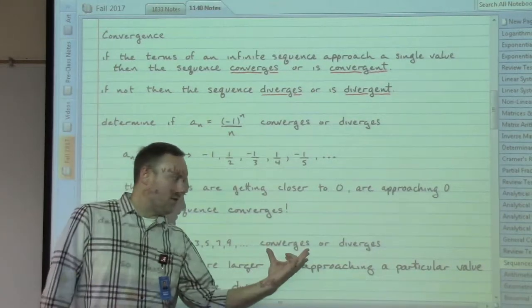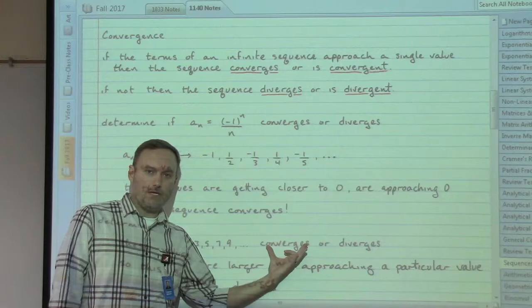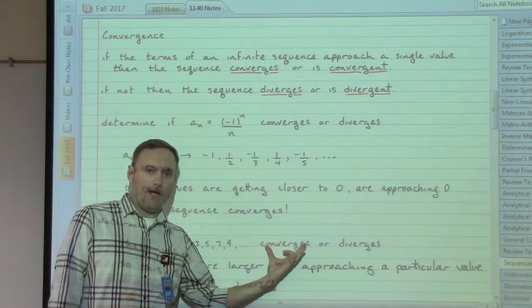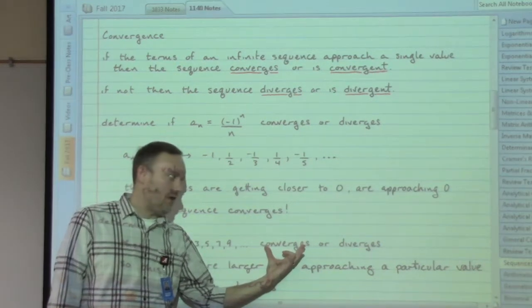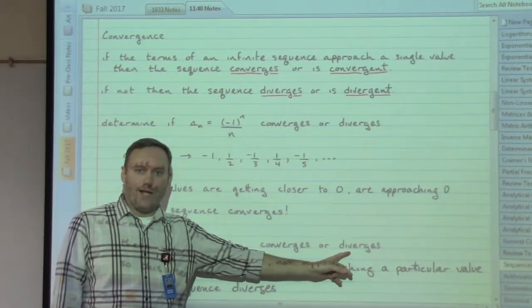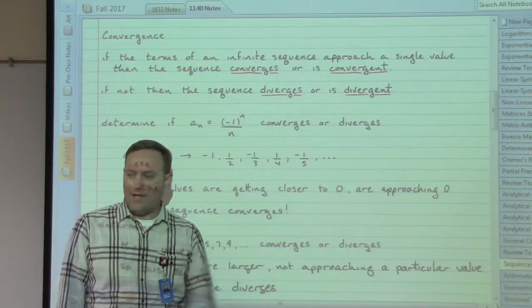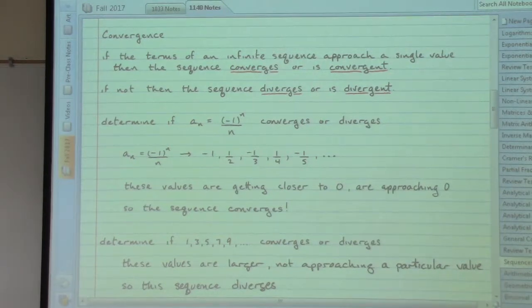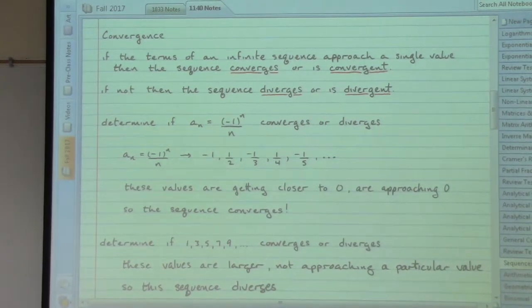And again, there are two different basic possibilities: I could get close to a particular value, or I could just have my sequence blow up in my face and not have that approach occurring.